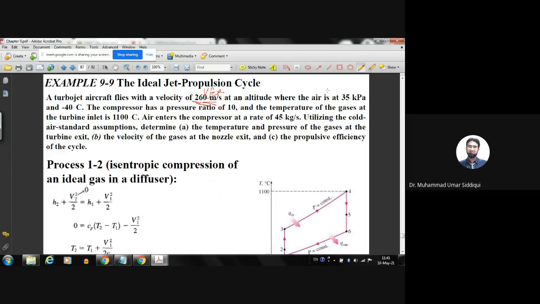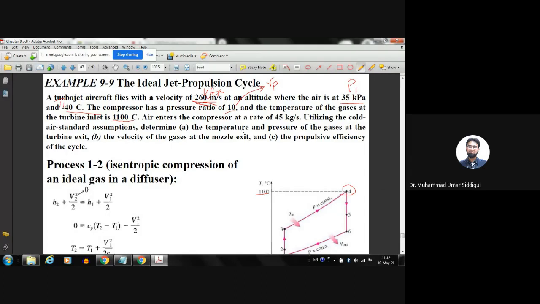At an altitude where the air is at 35 kilopascals, that's basically P1, and the temperature is minus 40 degrees centigrade, that's basically T1. The compressor has a pressure ratio of 10, that's Rp, and the temperature of the gases at the turbine inlet is about 1100 degrees centigrade, that's basically T4. This is the turbine inlet.